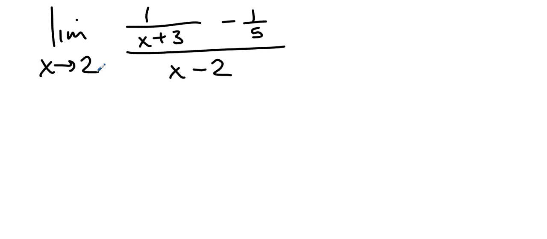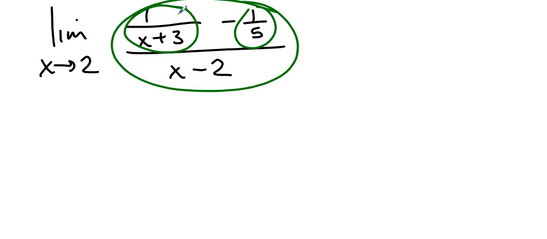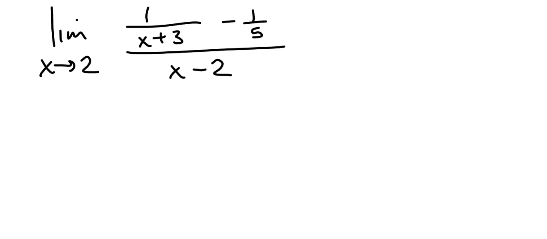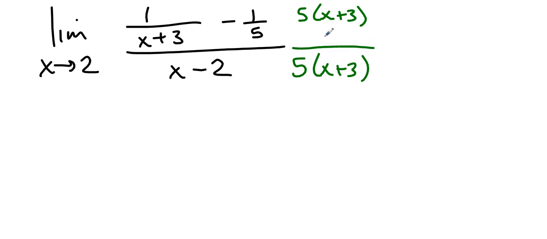This is a fraction within a big fraction, so we're working with what's called a complex fraction. The least common denominator for those two terms is 5 times x plus 3. So let's multiply numerator and denominator by 5 times x plus 3. Why both? Because that doesn't change the value. What we're basically doing is multiplying by 1.